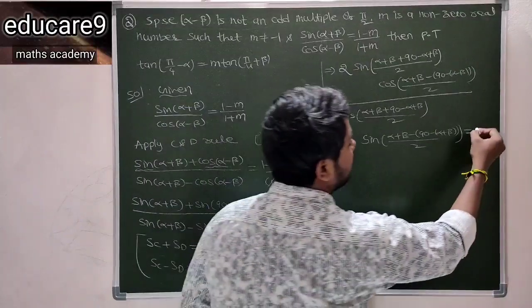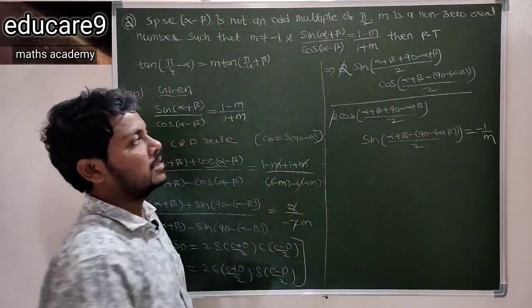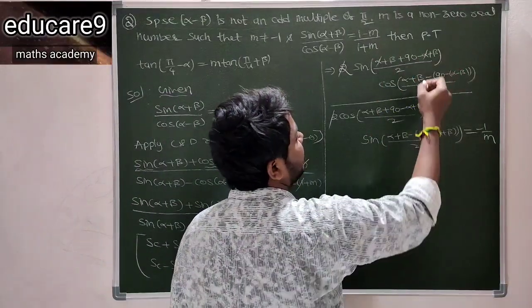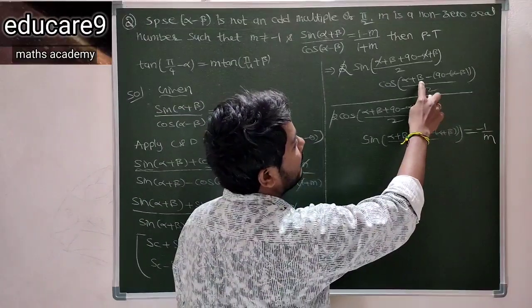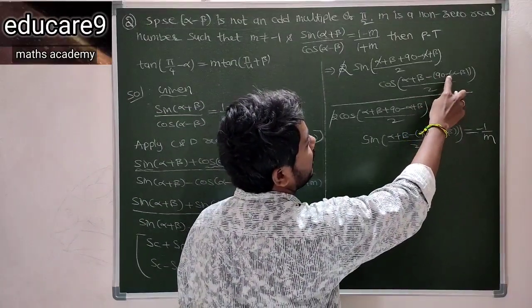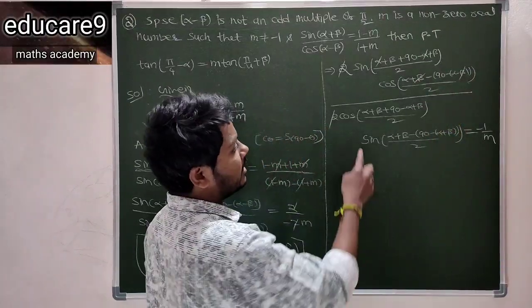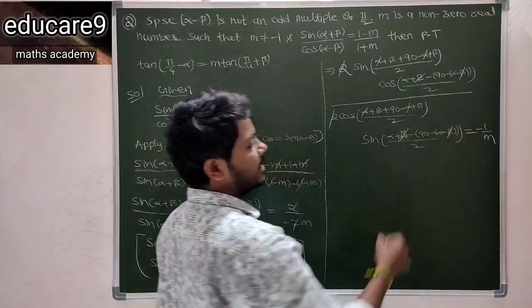Minus 1 by m. So 2 get cancelled. Now see here, plus alpha minus alpha get cancelled. Here plus beta, here minus beta get cancelled. Next here, plus alpha minus alpha. So plus beta minus beta get cancelled.